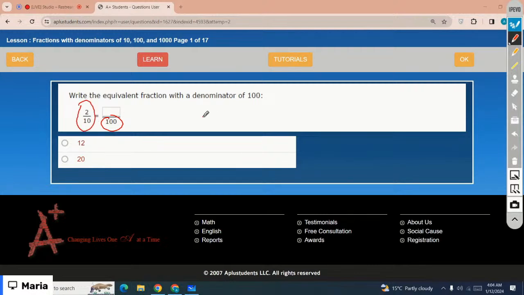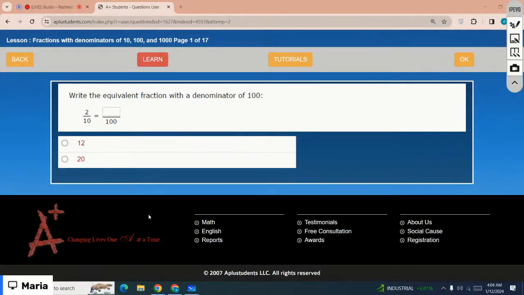That means you need to multiply this fraction by 10. 2 times 10 is 20, and 10 times 10 is 100. Yes, the missing number is 20. Very good. 20 is the correct option.